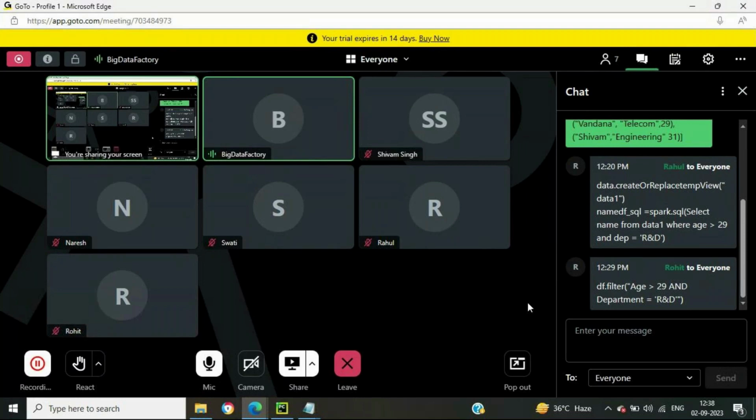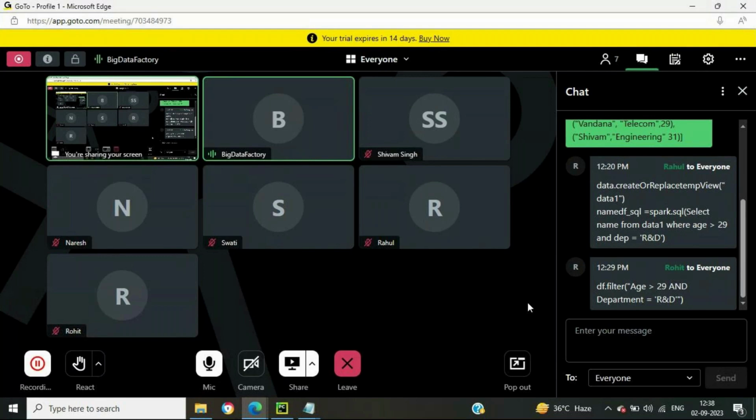Rohit's assignments will be checked by Shivam and Shivam's assignments will be checked by Rohit, so you will be able to see different flavors. What is in Rohit's mind may not be what Shivam is doing, so approaches may change from person to person. At that moment we will have different flavors, and we will discuss those assignments.